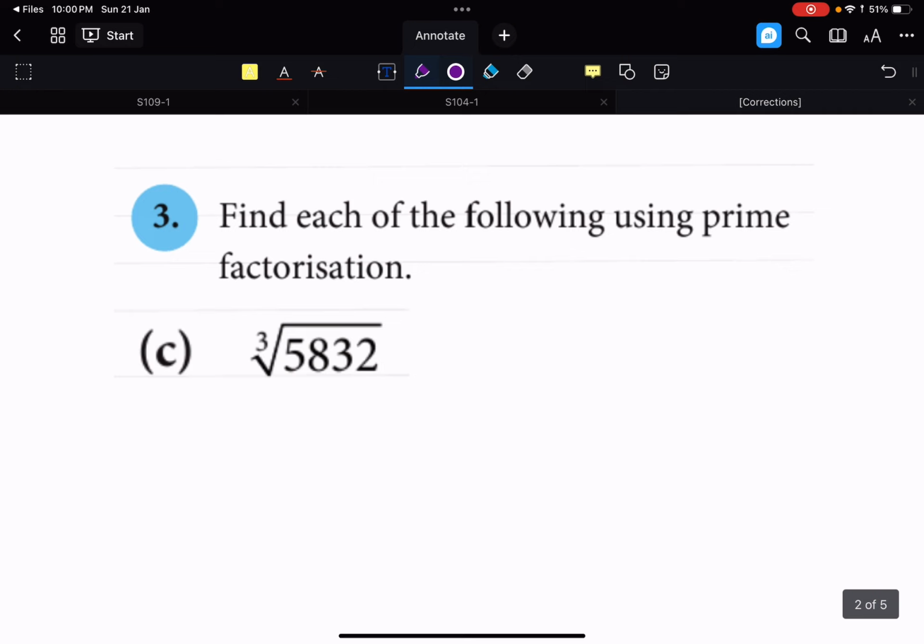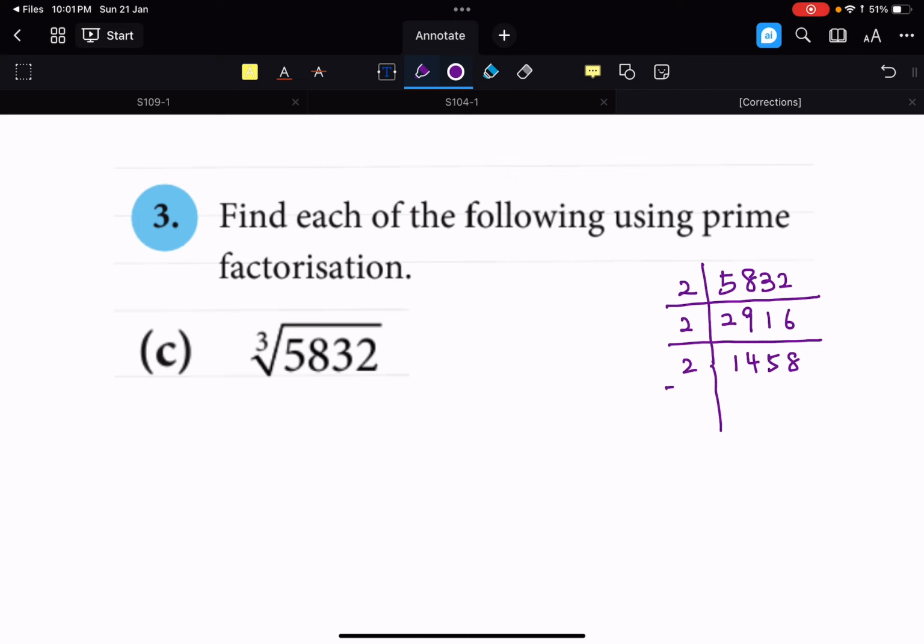This time round, we are going to find the cube root of 5832. Let's go ahead and do the prime factorization. 5832, when we divide by 2, what do we get? We get 2916. Continue the process. We get 1458.